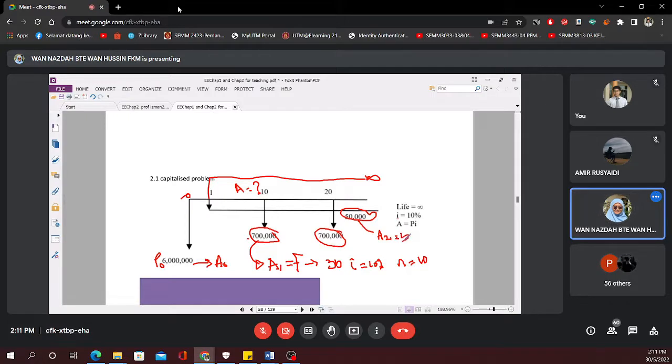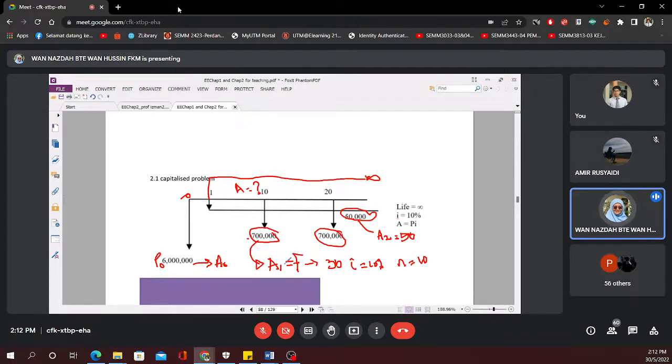You don't have to convert to anything because it requires you to determine the A. If you want to determine the A, given to you is P and I is 10, so you just substitute A equals 6 million multiplied by 0.1.